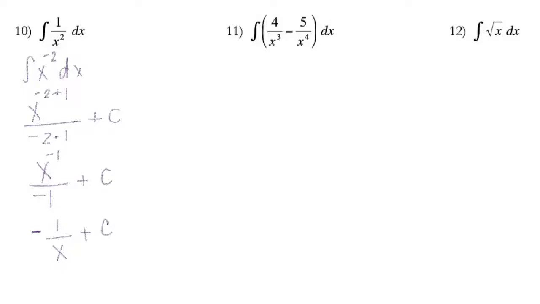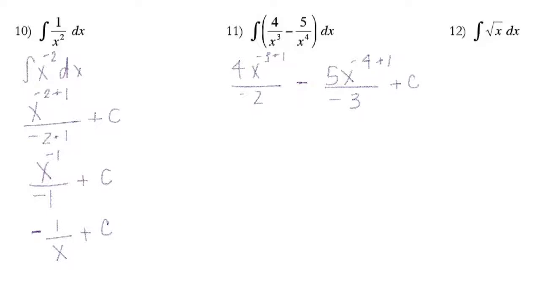Okay, moving on to 11. Same idea. And I would go ahead and just start rewriting this. So I know this is going to be 4x to the negative 3 plus 1 over, well, negative 3 plus 1 is negative 2. I have minus, and 5x to the negative 4 plus 1. Well, that's going to give me negative 3, and then plus c.